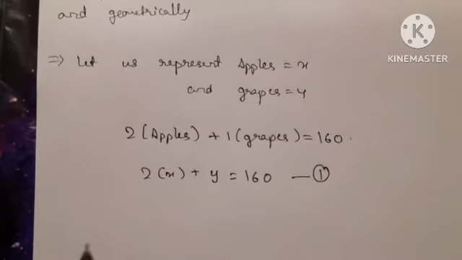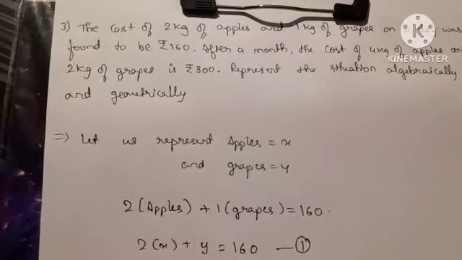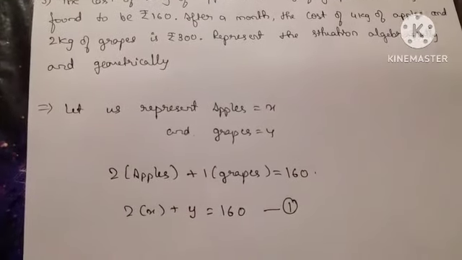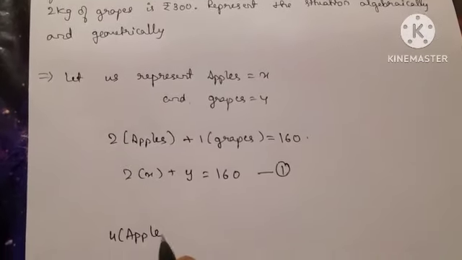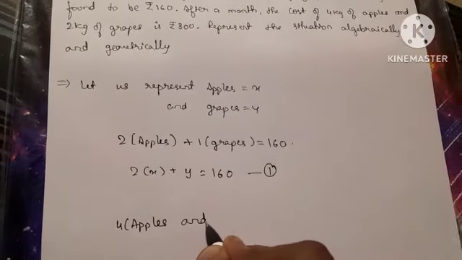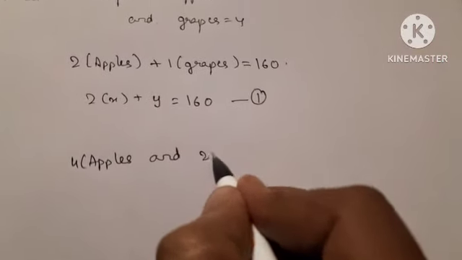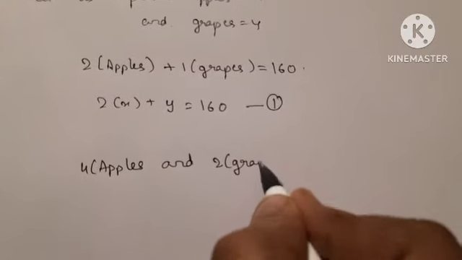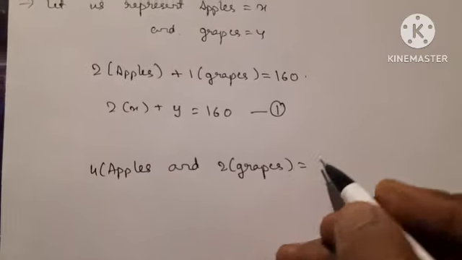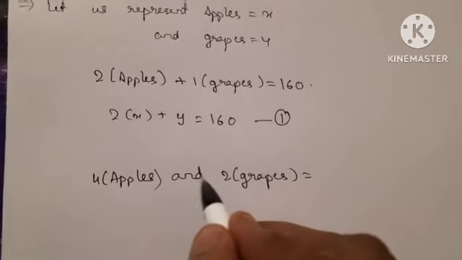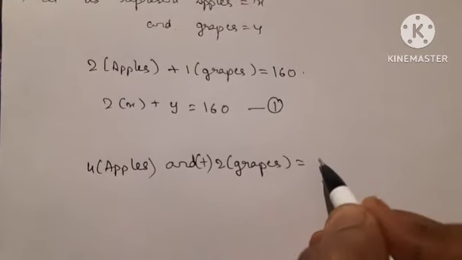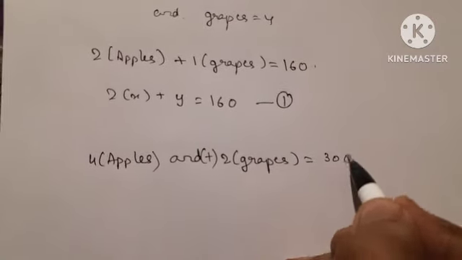Similarly, the second statement is 4 kg of apples and 2 kg of grapes is equal to 300.